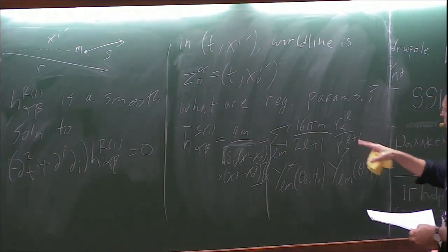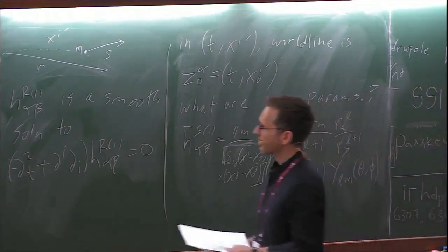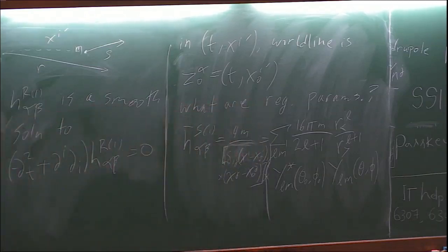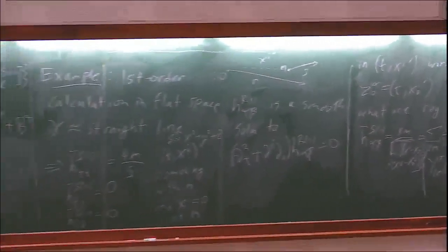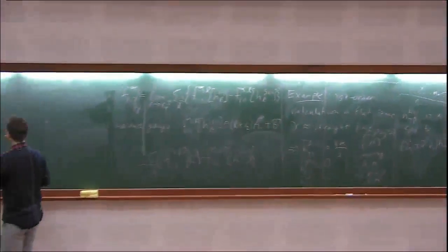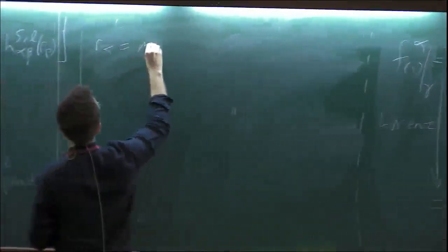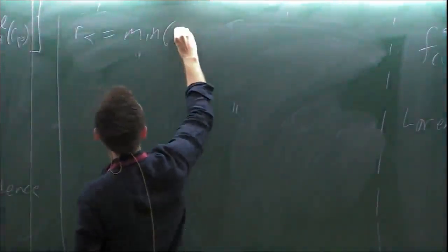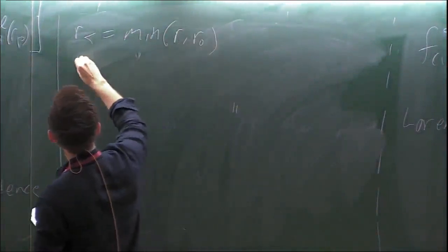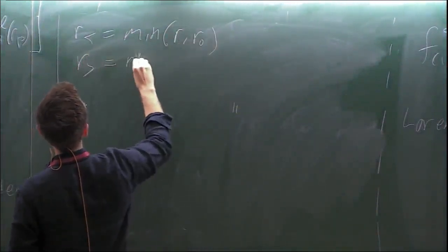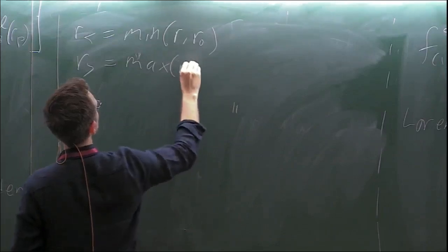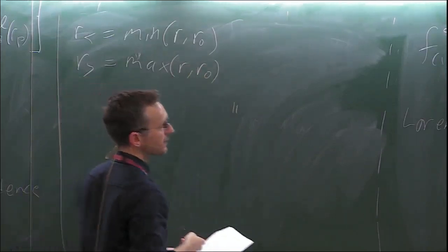Now here, r less than and r greater than are referring to whichever is lesser between r and r naught, or whichever is greater between r and r naught. So r less than is the minimum of r and r0, and r greater than is the maximum of r and r0.